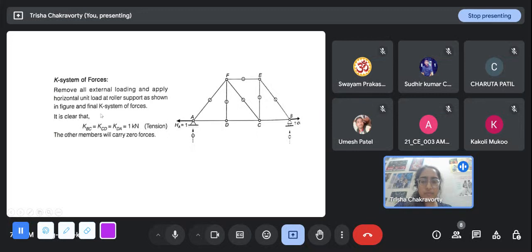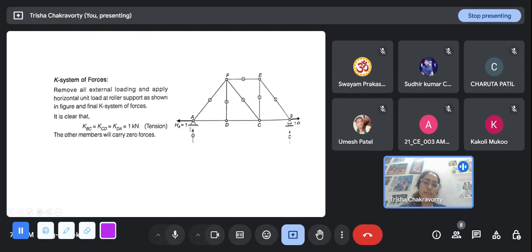So when I'm solving the K system of forces, this is interesting because this is a zero force member. We have to solve this. What will ultimately be obtained is that AD, DC, and CB, these three members, will have 1 kilonewton tension each, and all the others will be zero force members.